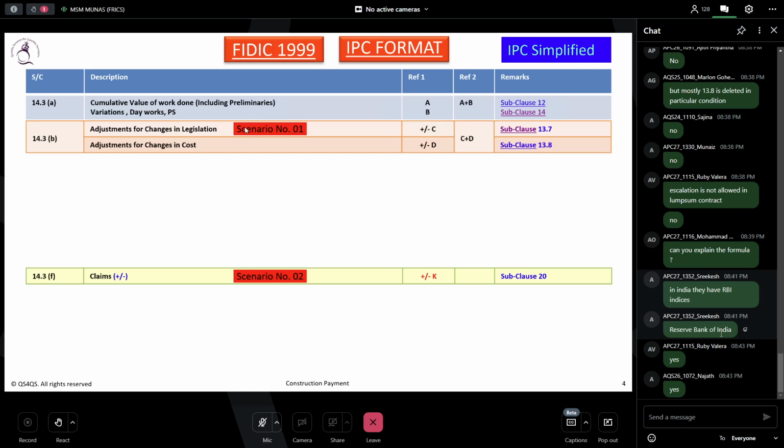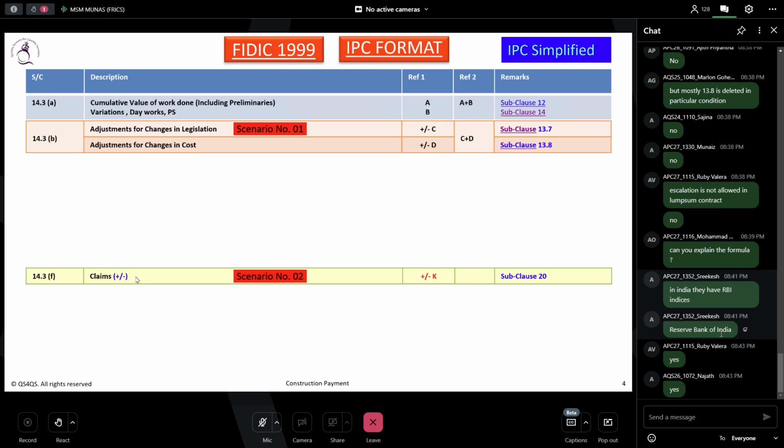But in scenario 2, the change in legislation results or will result in delay, then the extension of time and prolongation cost will be claimed under 14.3, that is claims.